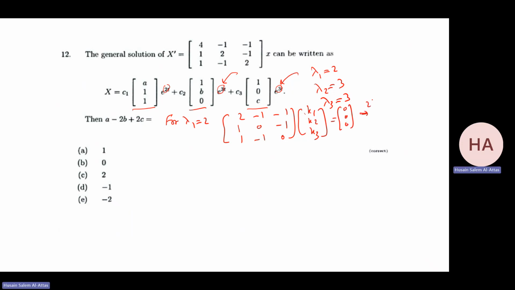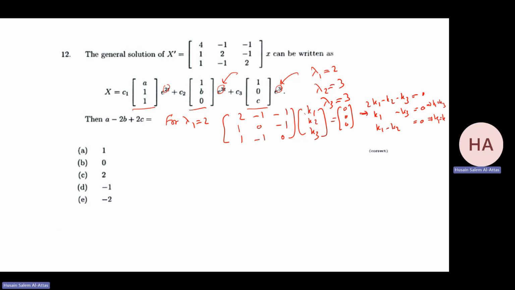So what we have: 2K1 minus K2 minus K3 equals 0. And you have K1 minus K3 equals 0. You have K1 minus K2 equals 0. So from here, I have K1, K3.